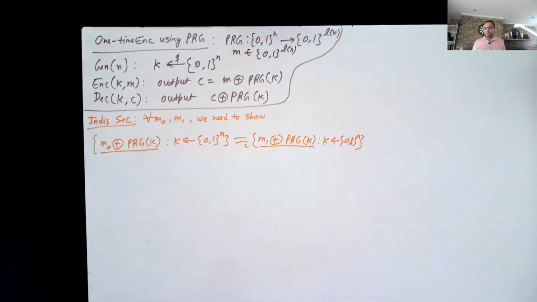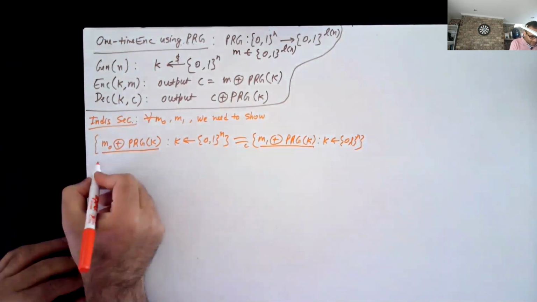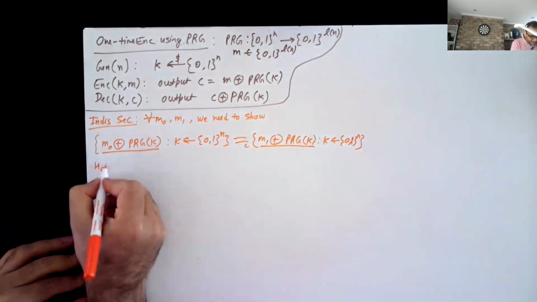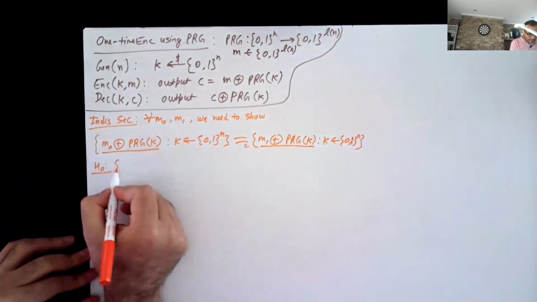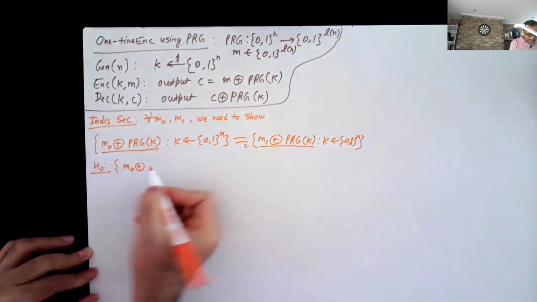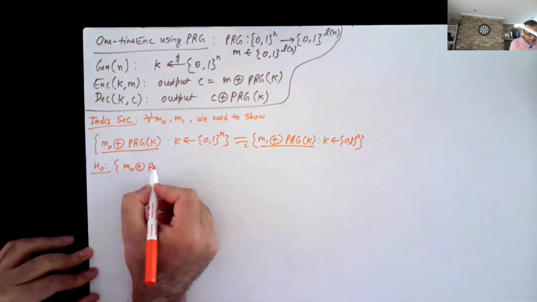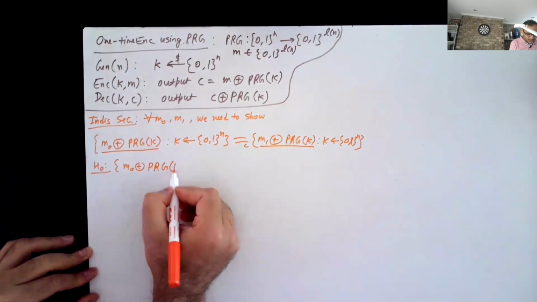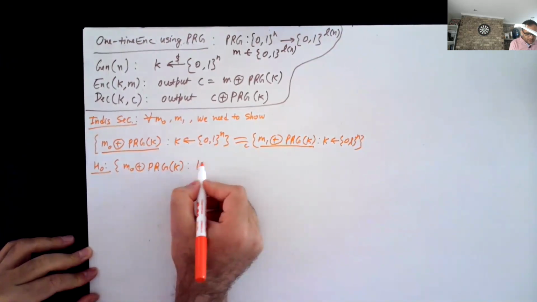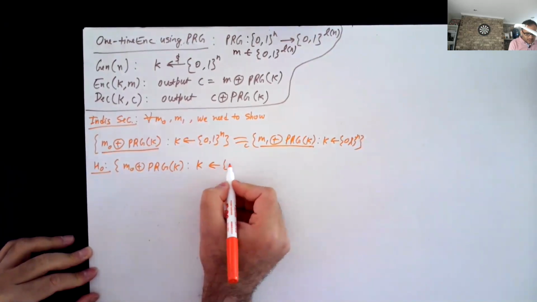And again, we will just use a hybrid argument. This proof is completely straightforward. So our hybrid 0 will be M0 XOR PRG of K, K is uniform.